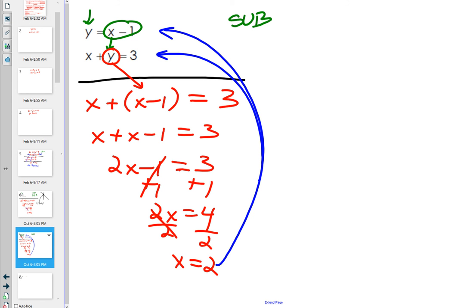Doesn't matter which one. And really, I can't even argue on this one that one is that much easier than the other one. But which one do you think I would pick to solve for y? I'm going to use the top one because the y is already by itself. I can just say y is equal to 3 minus 1. So 3 minus 2. So when I use my fingers, y is 1.